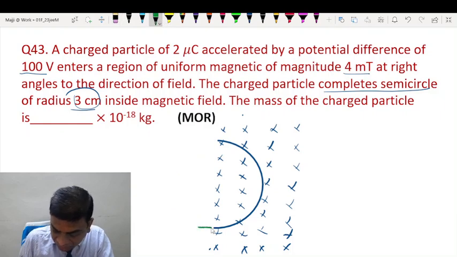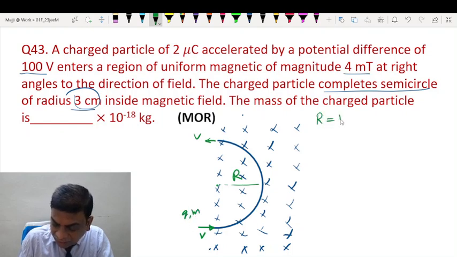So suppose it enters like this with the speed v, it will exit with the same speed v, undergoing a semicircle of radius r. So charge is q, mass is m. We all know that radius is mv by qB.